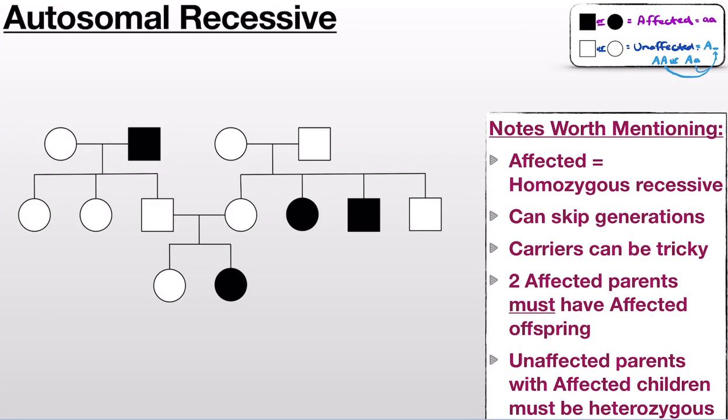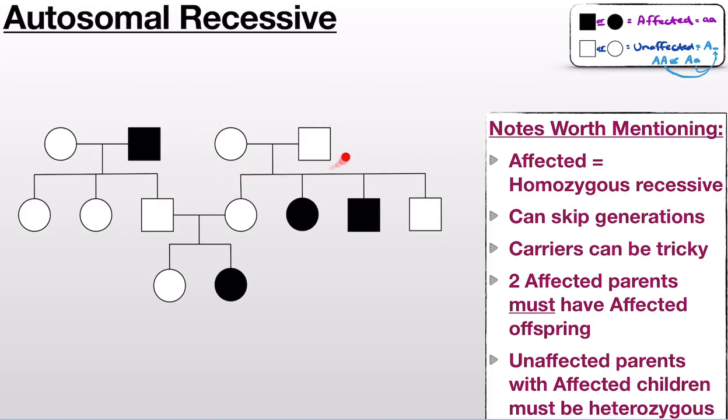You're smart. So then, some other things is when you look at the pedigree here, you'll notice that sometimes, not always, but sometimes you can skip generations. So the affected individuals can come out of two parents that are unaffected. So unaffected parents with an affected child must be heterozygous.